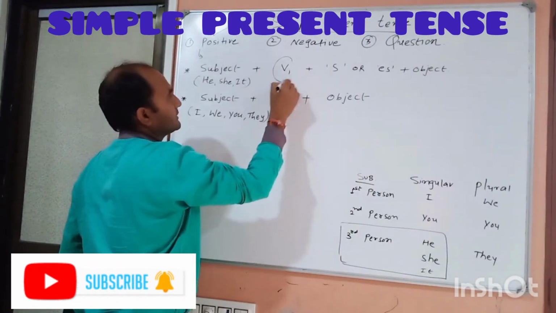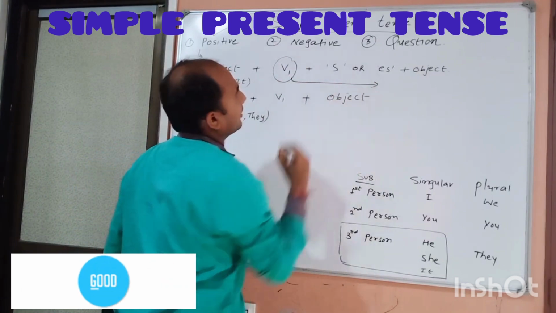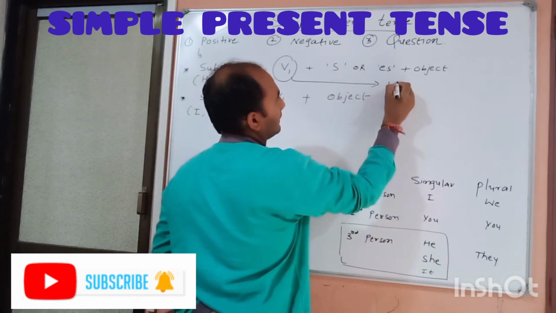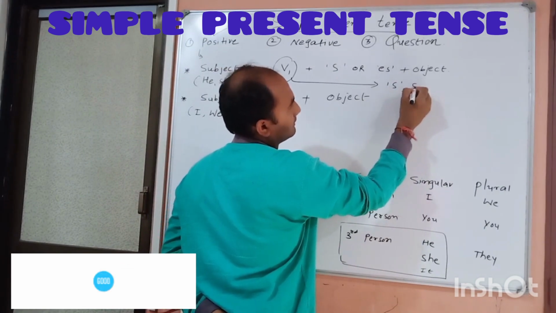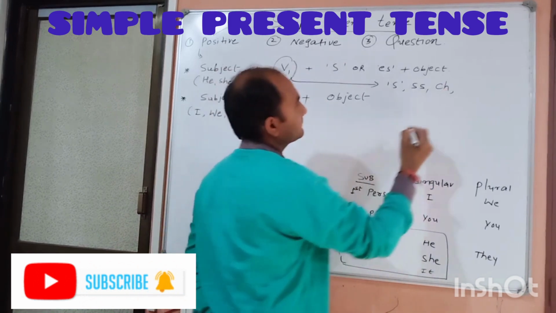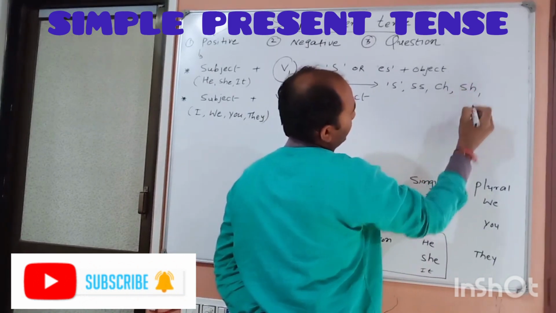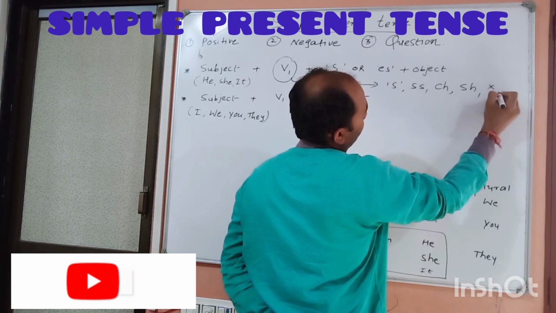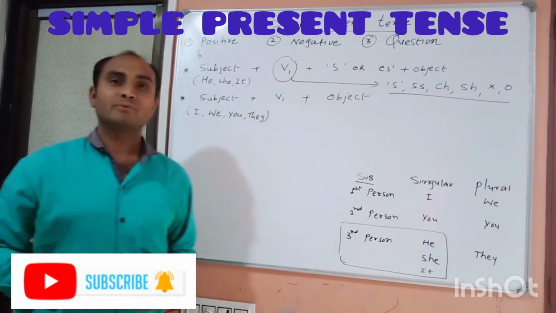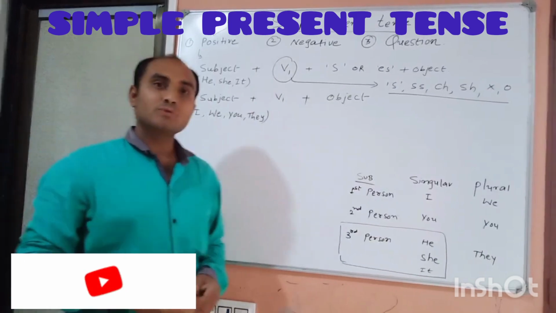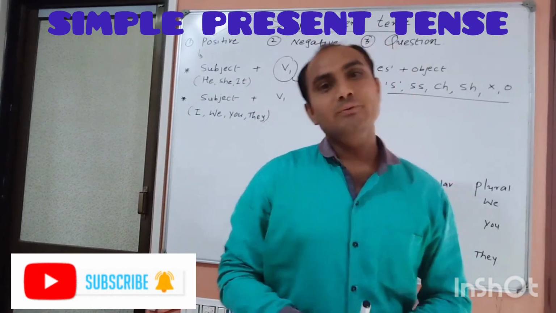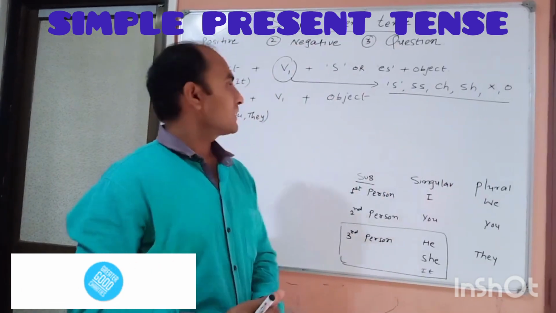Whenever we discuss the verb, if after the verb S, double S, CH, SH, X and O, these types of letters come, then we will use ES. And in the remaining verbs, we will use S.